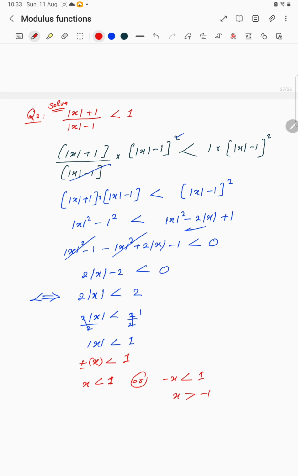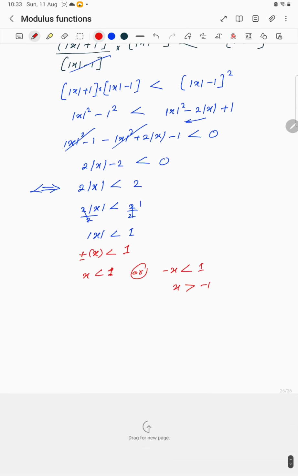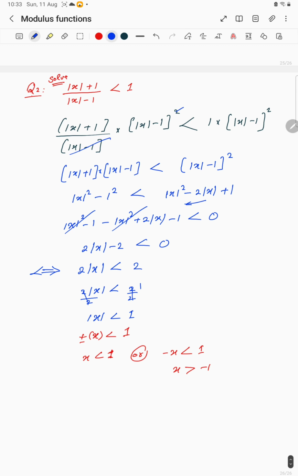Now you can check and finalize your answer. Here we can make a check. The original function was mod x plus 1 over mod x minus 1 less than 1, right?